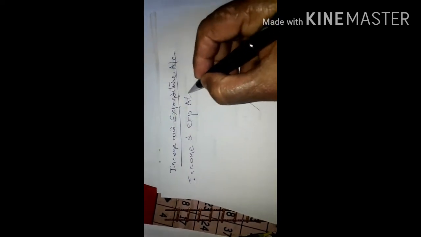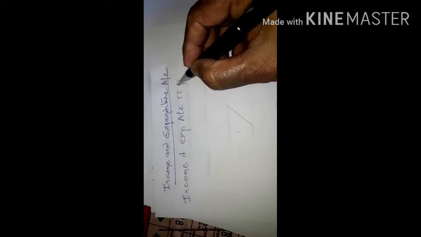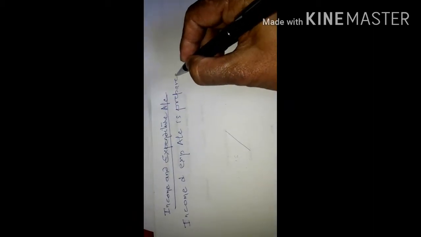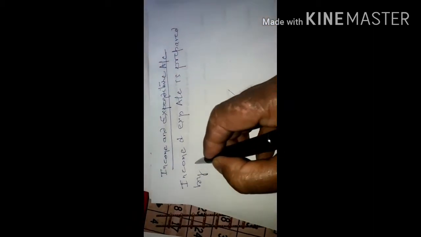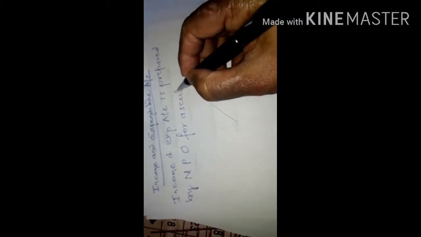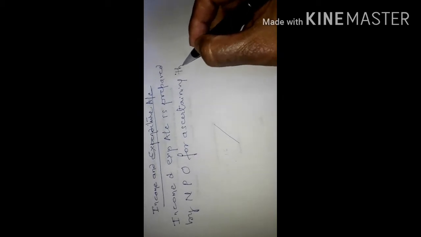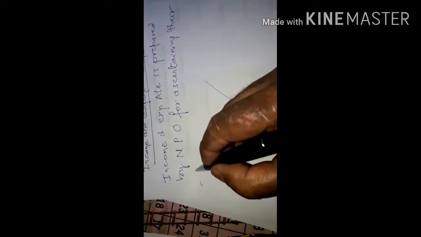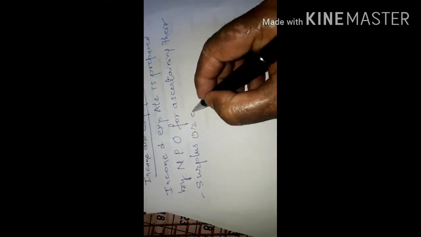So income and expenditure account is prepared by NPOs for ascertaining their surplus or deficit.